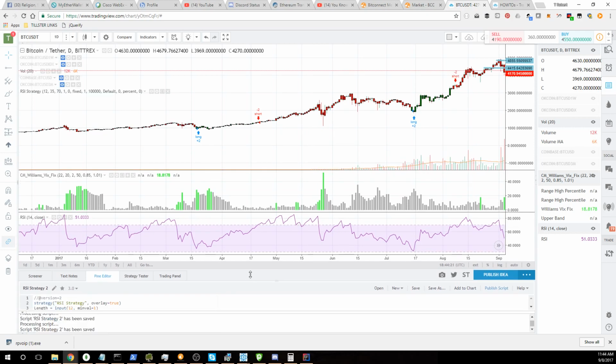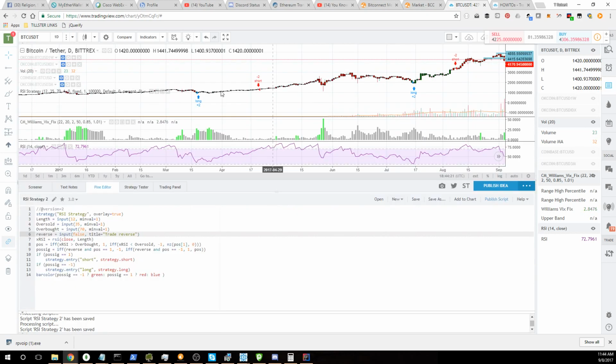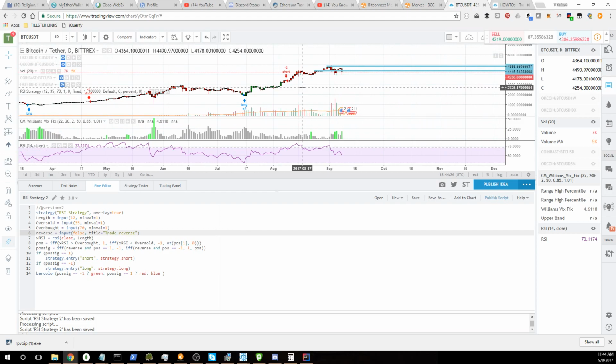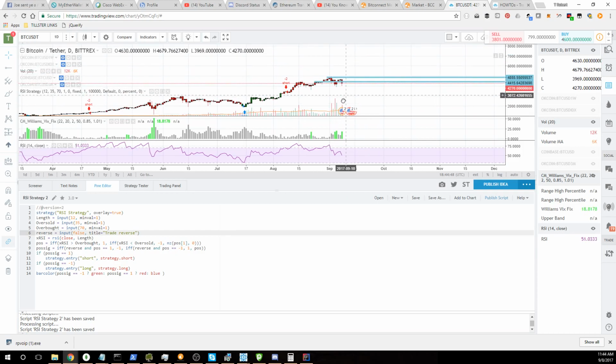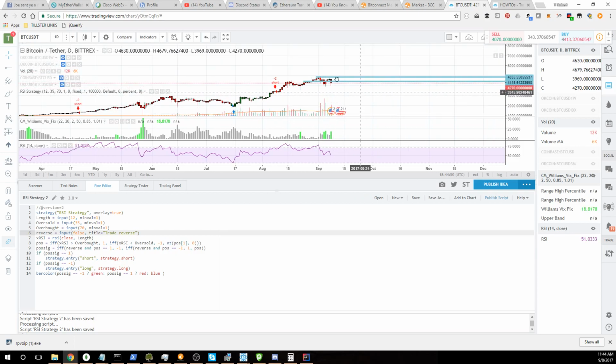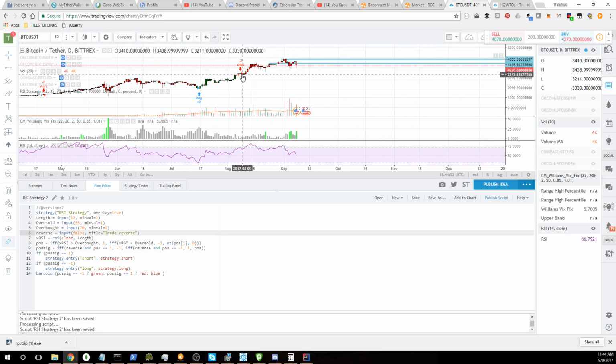It doesn't matter how incredibly well performant you create your signal to be. Your signal is only as good as the plan that backs it. If you are blindly trading an automated signal, and you're not using a plan to schedule your allocation and your distribution against that signal, you're doing it wrong.